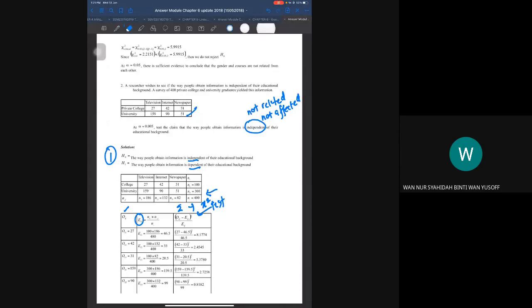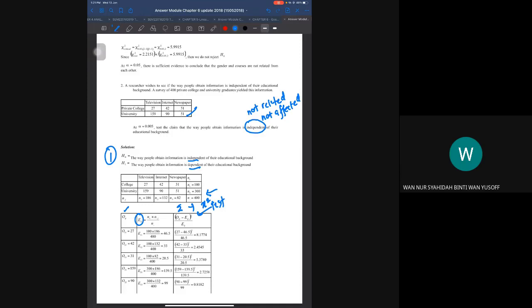Of course, this kind of question will be in the final later. If you go through the final exam question, it will be 2 questions from chapter 6. The first question is goodness of fit test, and the second question is a contingency table. Cuma kita tak tahu yang mana satu je keluar, I mean independent or homogeneity. So similar to the goodness of fit lah, it might be categorical data or fitting of the distribution.